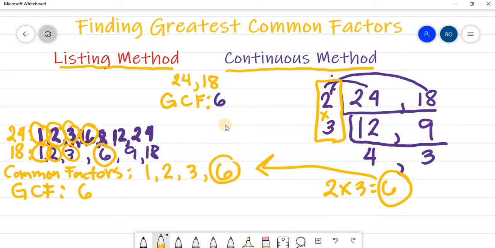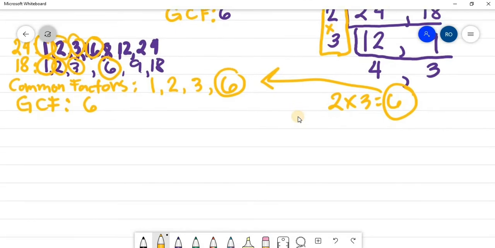Okay, let's take another example. Now let's try to find the GCF of 30 and 27.